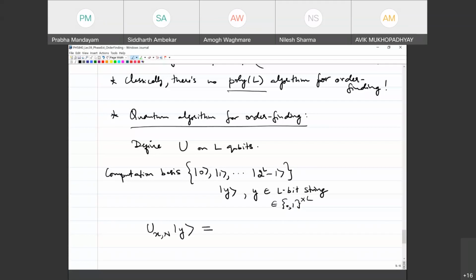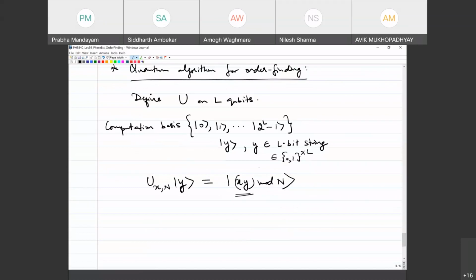It does xy mod n. So y is some number between 0 and 2 to the L minus 1. So this xy is also going to be some such number, and what this unitary does is this.